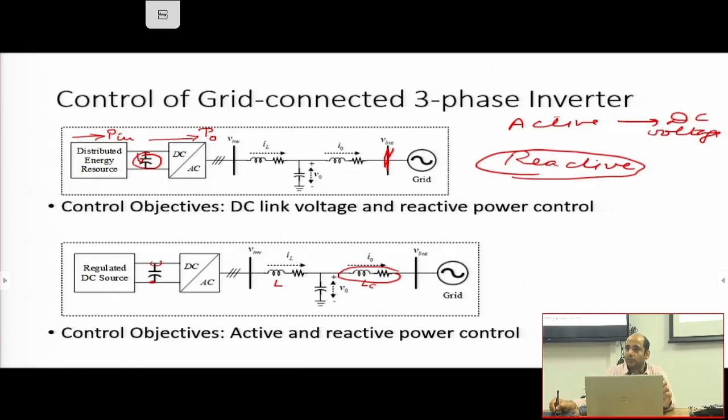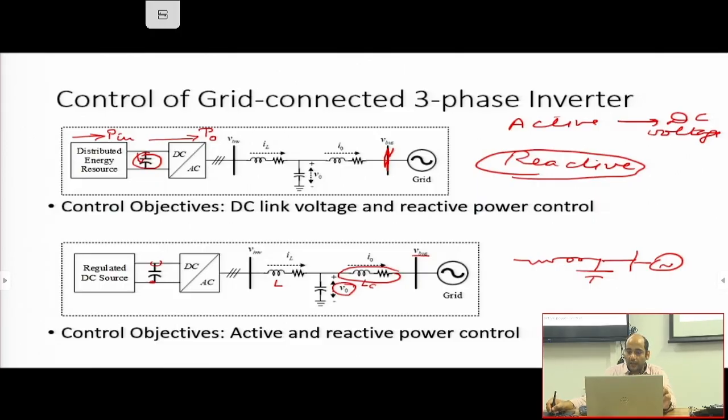So sometimes for simplicity we assume that there is no drop in this. In that case we can assume that V bus and V O are the same. So we can assume it just like this: you have R, L and C directly connected to the bus.